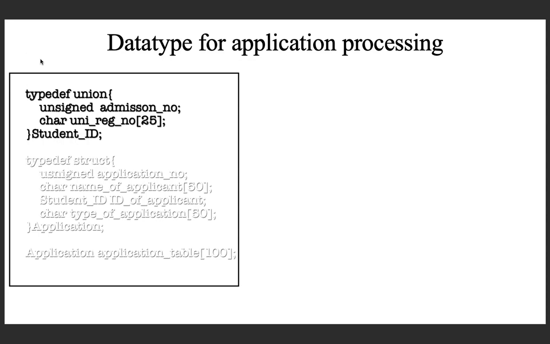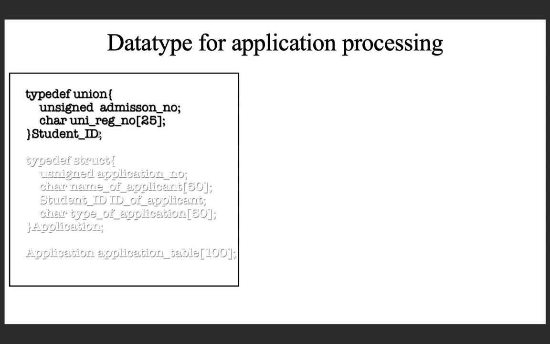And note that I am creating a new data type, student ID, using typedef. And here again, recall that the only syntactic difference between the structure and union is that here the keyword is union. In the case of structure, it is struct.